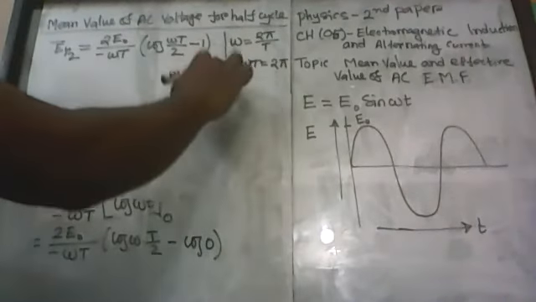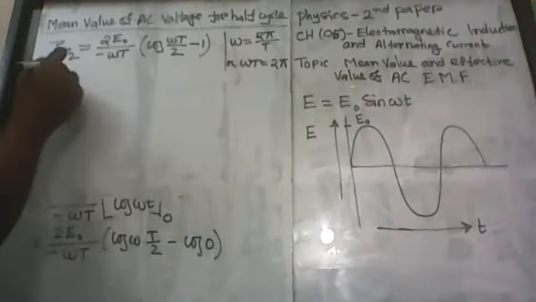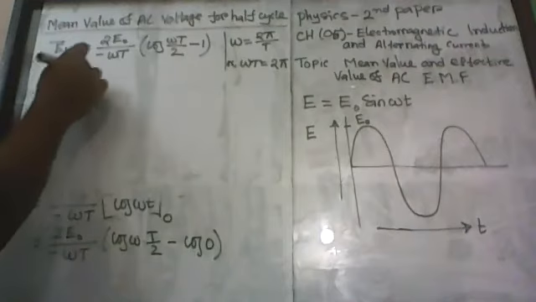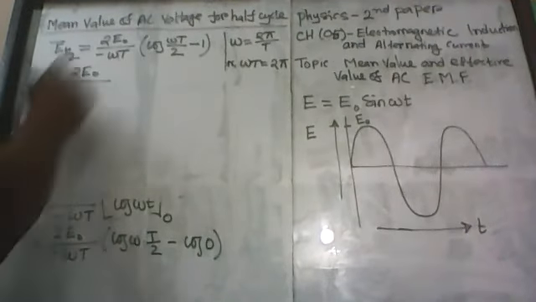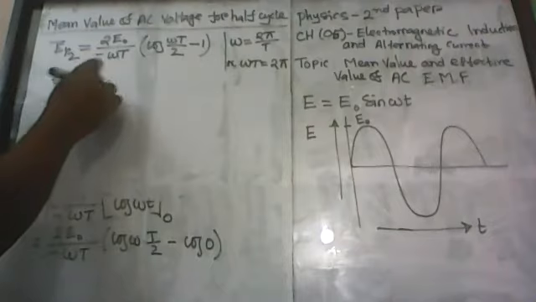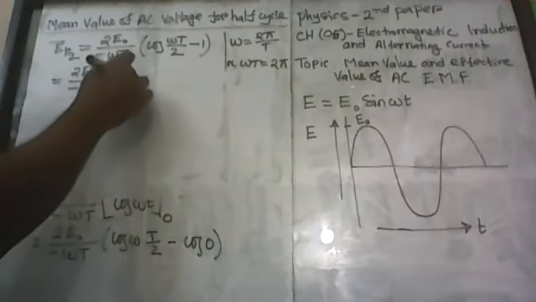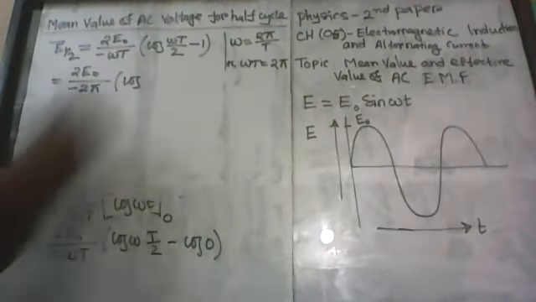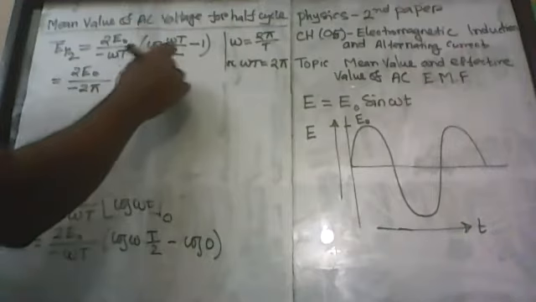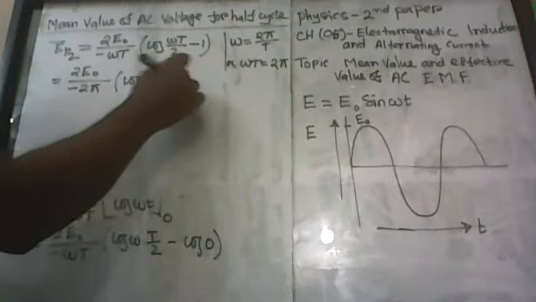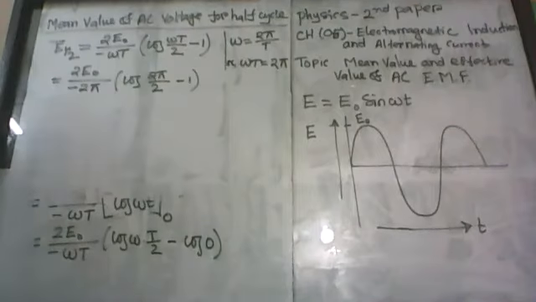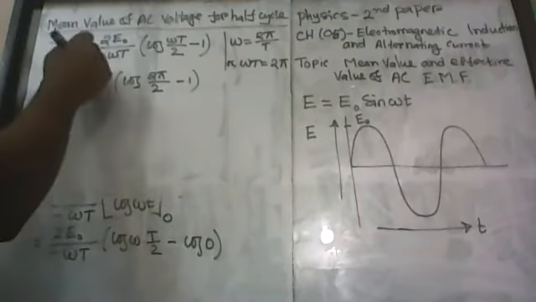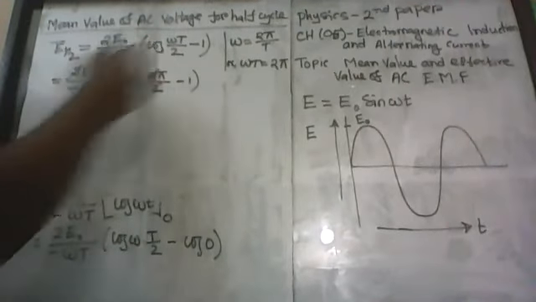So the value is 2 into E naught divided by minus omega T, which will equal minus 2 pi. Then cos, in place of omega T, 2 pi divided by 2, minus 1. The 2 and 2 will cancel out on both sides.